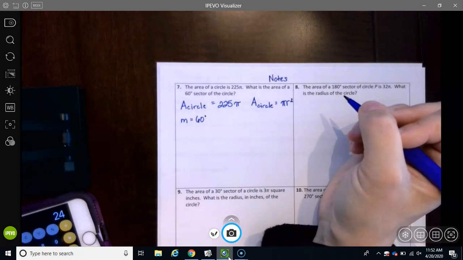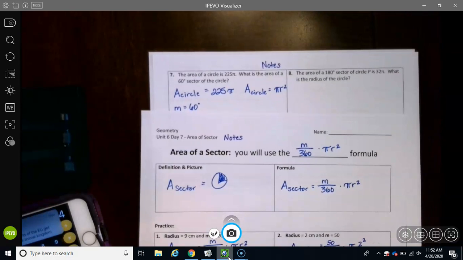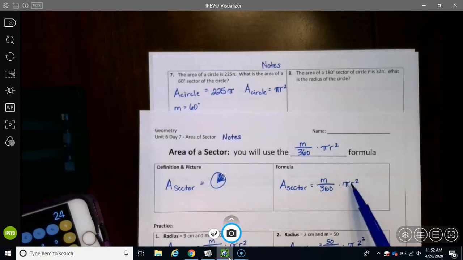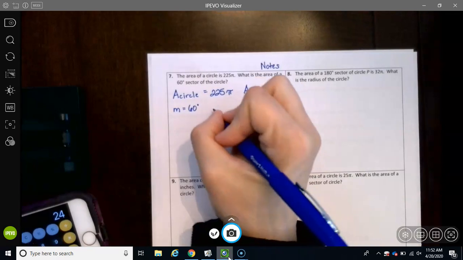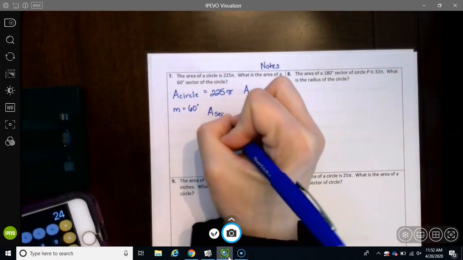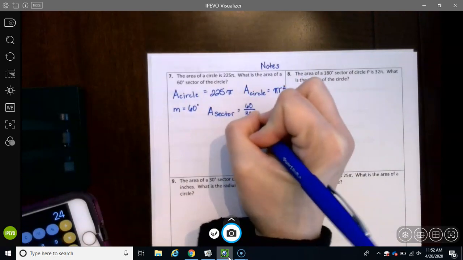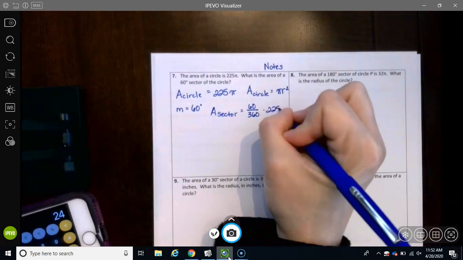So remember, on our formula from the previous page, when we find the area of a sector, we just take that angle that they give us divided by 360 times basically the area of the circle. So if they already gave me the area of the circle, then we replace this pi r squared part with 225 pi. So the area of the sector is equal to 60 over 360 times 225 pi.